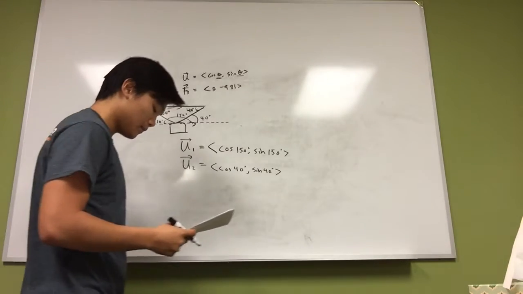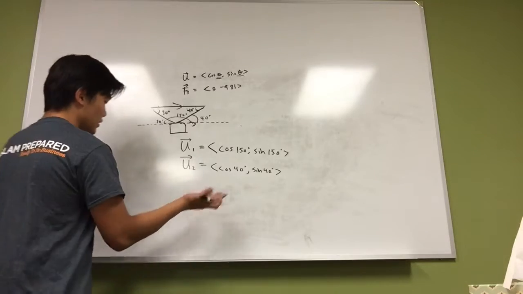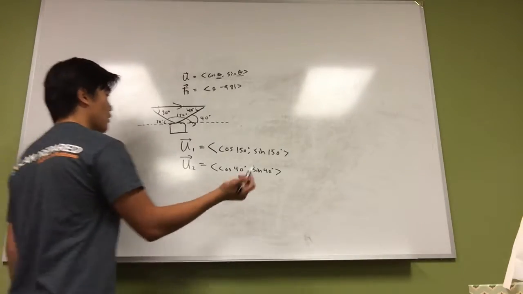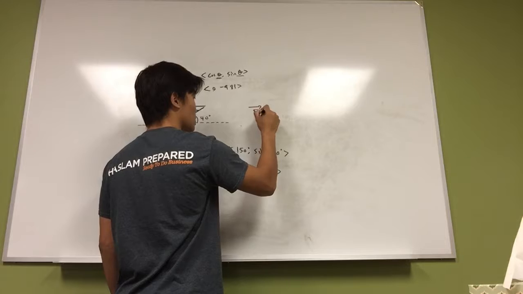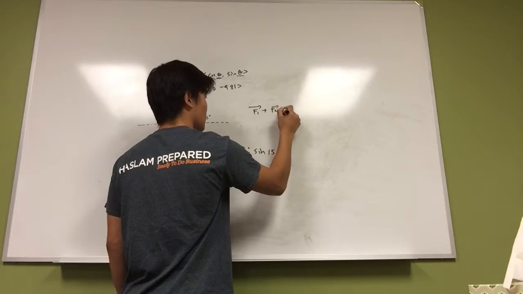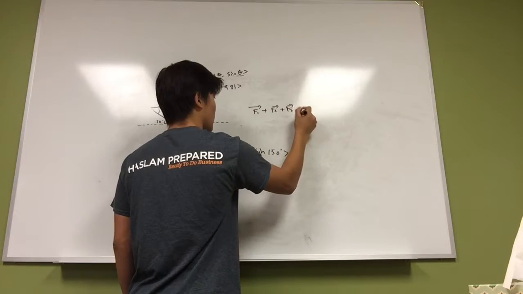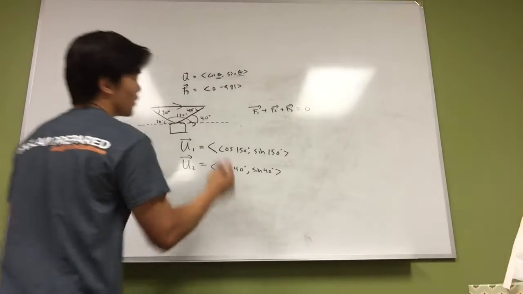Now what do we do next? We want to put all these things together, because we already know force 1 plus force 2 plus force 3 equals 0. So what is force 1?